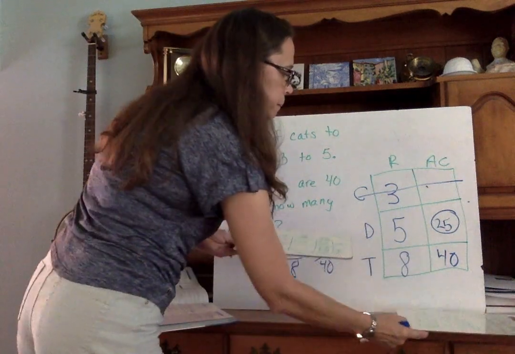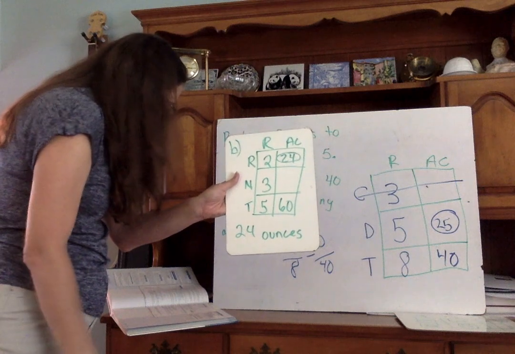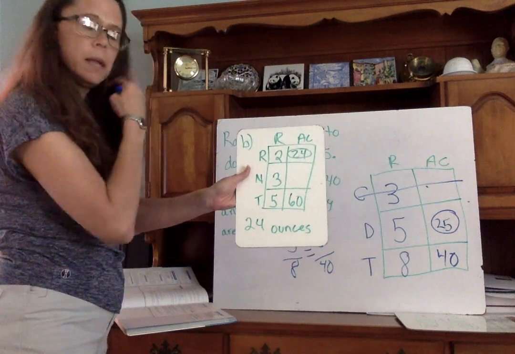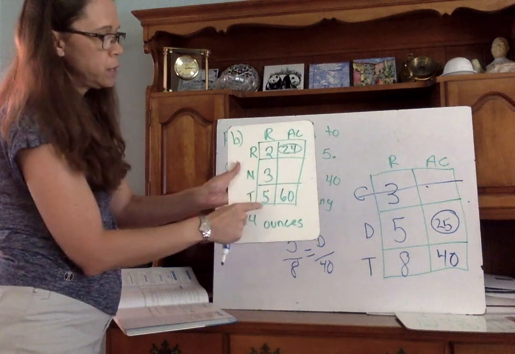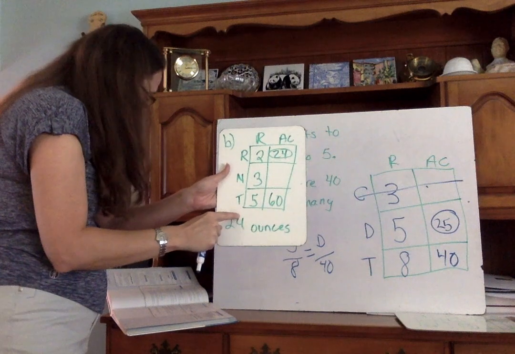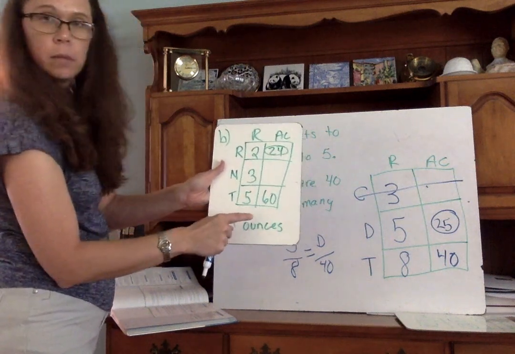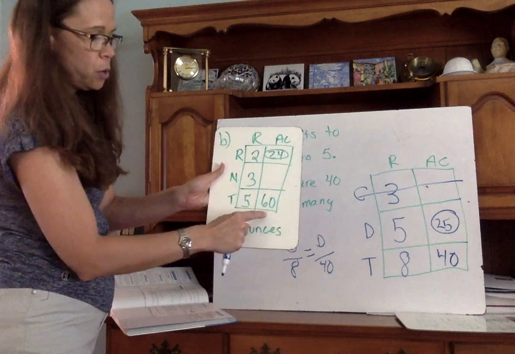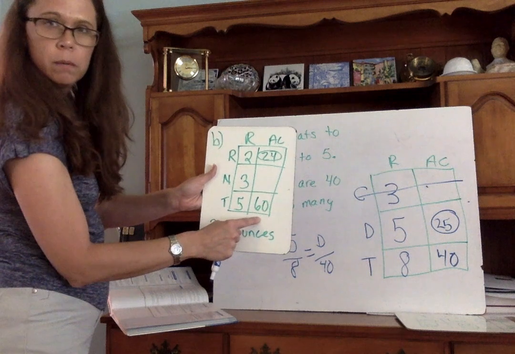Last one, B. They were making something and they had raisins and nuts mixed in a ratio of 2 to 3. So I totaled that and I got 5. It said if you were going to make 60 ounces of this mix, it's the total in the actual count, 60, how much raisins would you need?